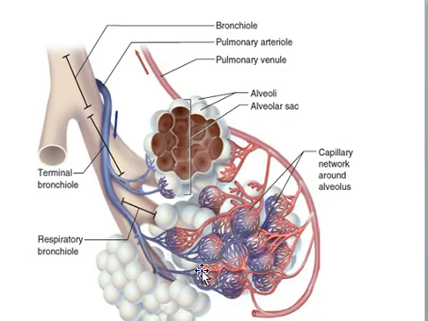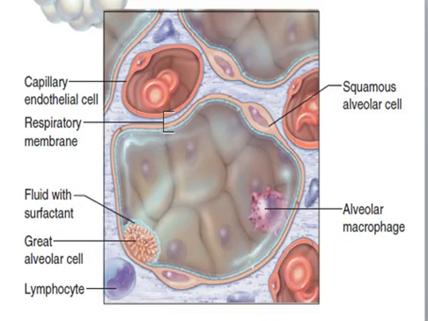This surrounds the alveoli. This is the alveoli. And we must know that the lung is composed of nearly 300 million alveoli in a human and gives a total surface of 70 square meters.